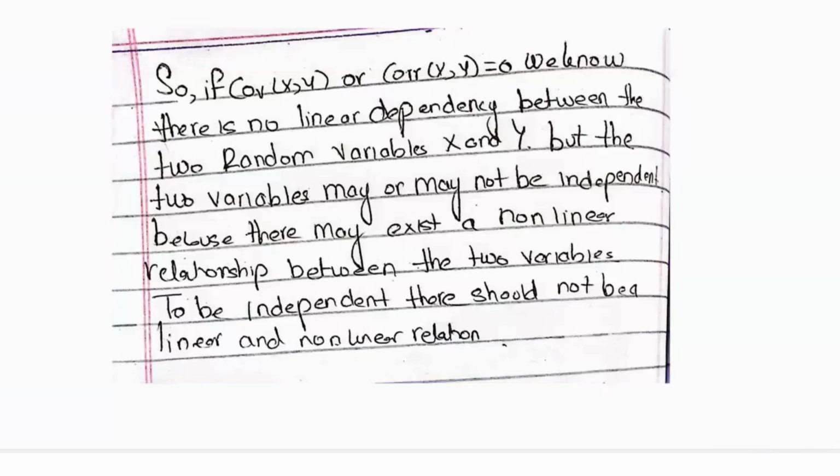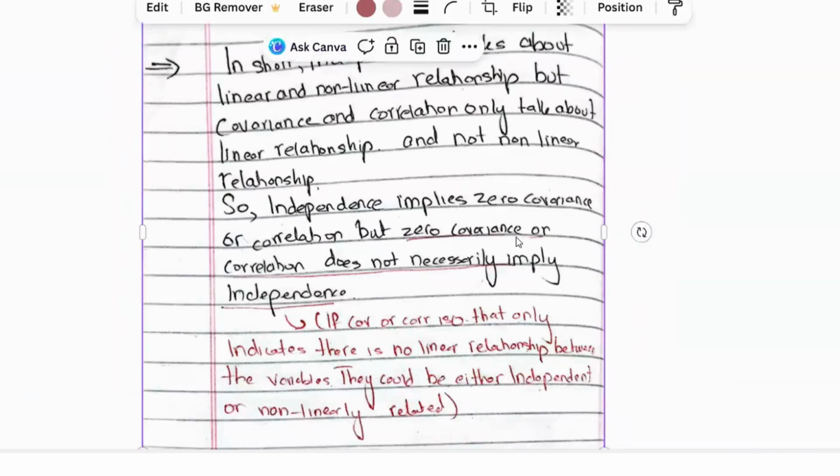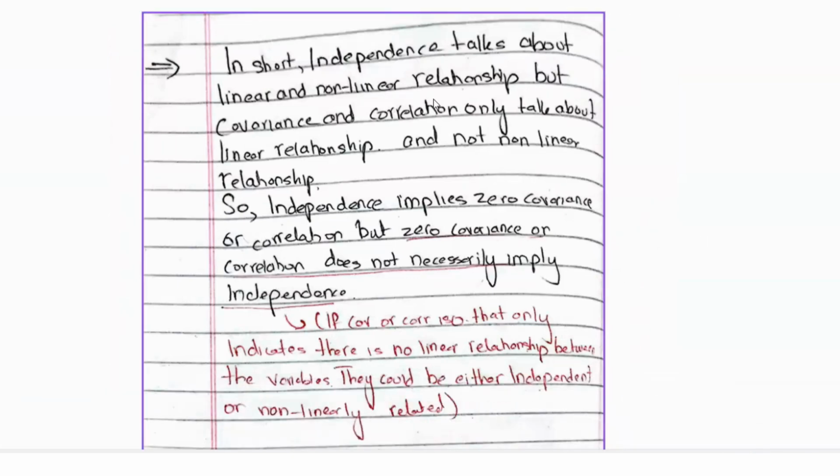Because to be independent, you should have no linear or non-linear relationship. So in short, independence talks about linear and non-linear relationship. Independence is a stronger concept than covariance. Independence means there's no relationship, whether it's linear or non-linear. But covariance and correlation only talk about linear relationship and not non-linear relationship.